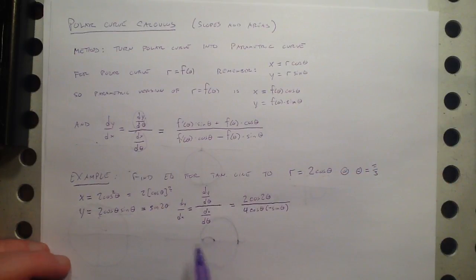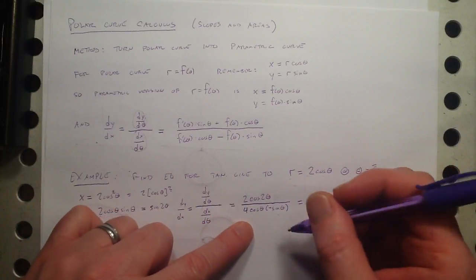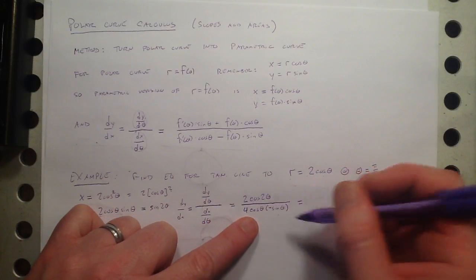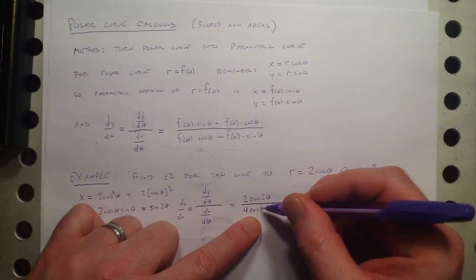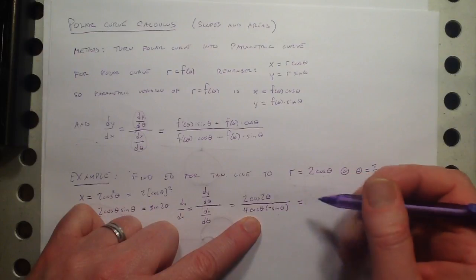And if you recognized that this was sine of 2 theta, maybe you recognize that this, again, you don't have to, but it's going to be a little easier, that this is the 2 times sine 2 theta.